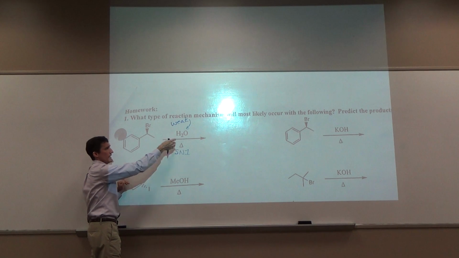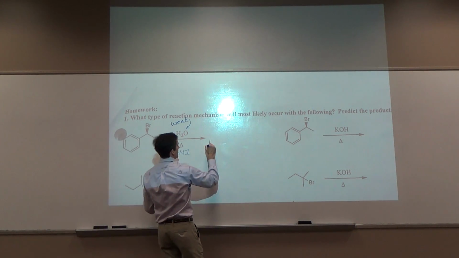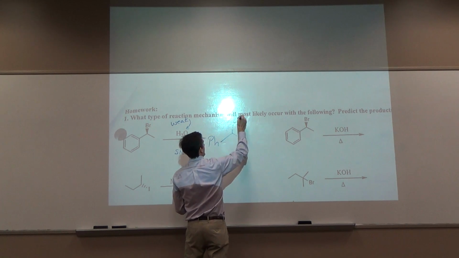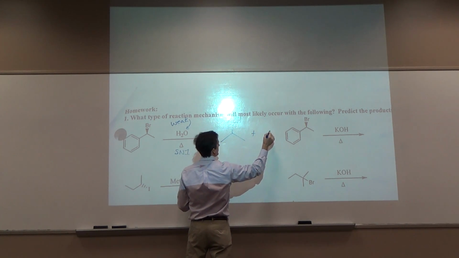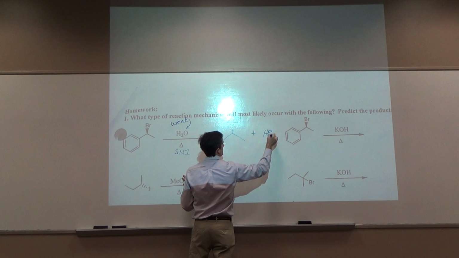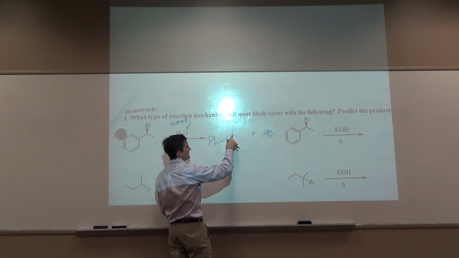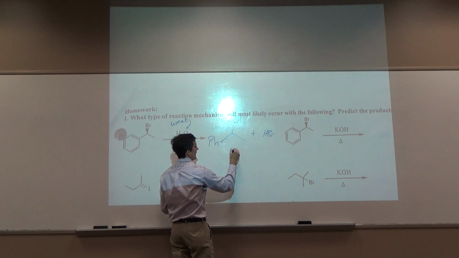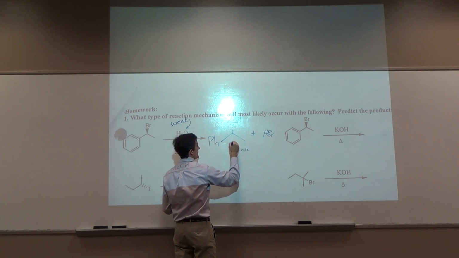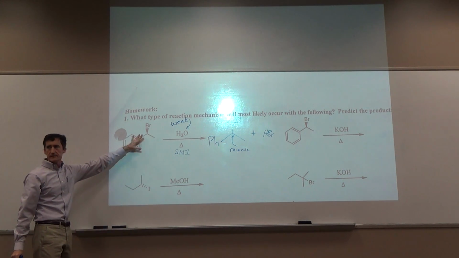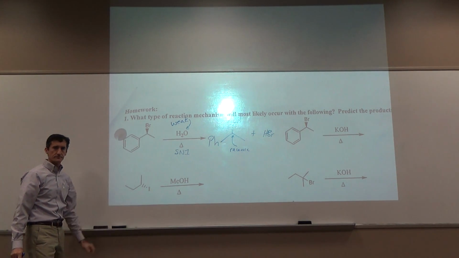Then you're going to have to lose an H to go neutral. Product is going to be this plus what? What's HBr? And what's the stereochemistry here? Racemic. Yes, racemic. Because the cation is attacked from either side.